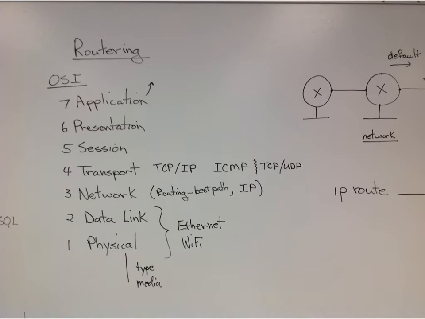We reviewed the layers, okay, so we talked about physical layer, type of media, connecting into the network, Ethernet or Wi-Fi network, routing best path, internet protocol, how are we going to transport the data, TCP, IP. We also talked about ICMP, TCP, UDP, and so forth.